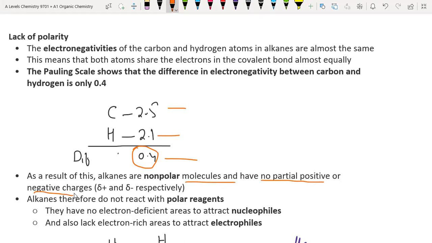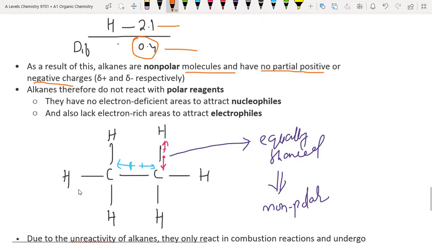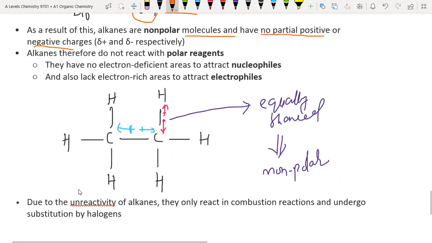Alkanes therefore do not react with polar reagents. They have no electron deficient areas to attract nucleophiles and also lack electron rich areas to attract electrophiles. That is why we call them least reactive, non-reactive or unreactive.